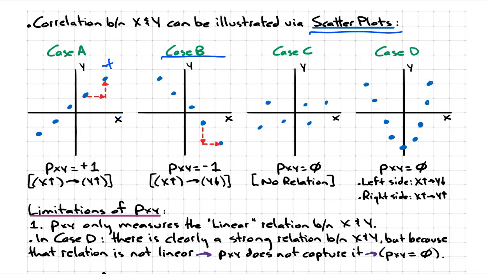So that's a good way to determine if the correlation is positive or negative. Now in the case of case C, you can see that there's no relation between X and Y. So for example, let's go from here to there. You can see as X goes up here, Y goes up here. But then in the second scenario, going from here to there, as X goes up, Y comes down.